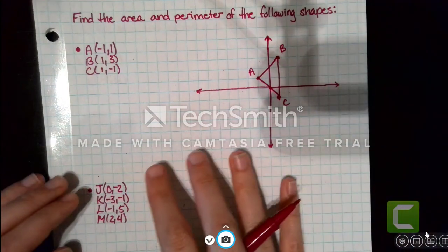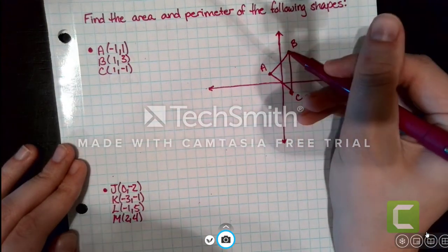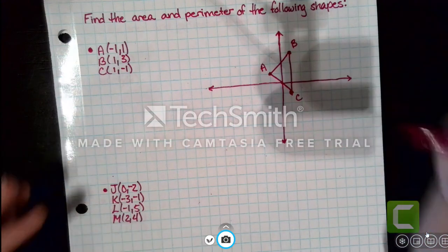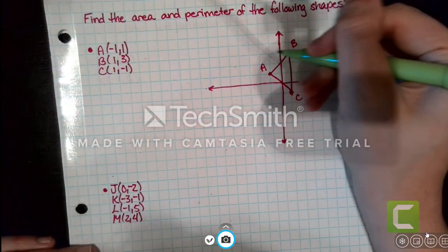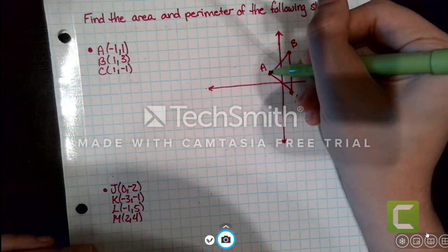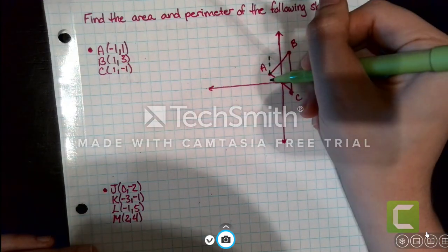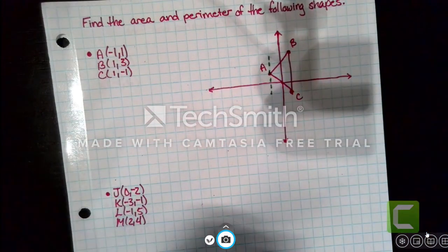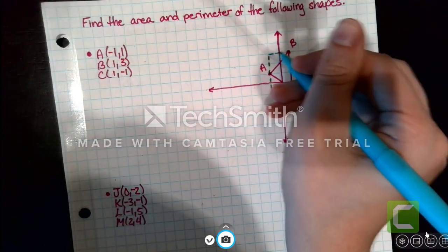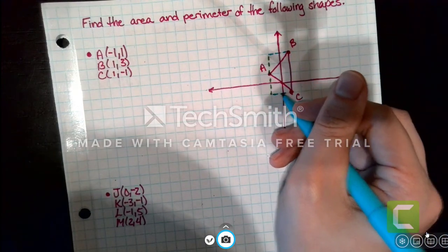First things first, let's find the length of AB and AC. Easiest way to do this is, like in the distance notes, we're going to draw our two triangles outside of these points. So I'm drawing my vertical heights first and my horizontal lengths.